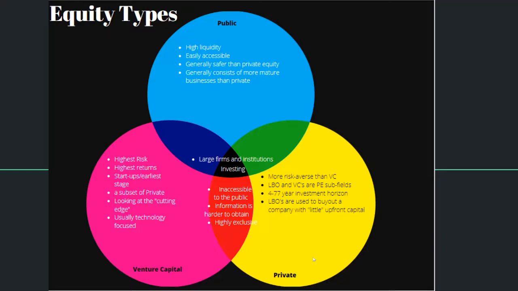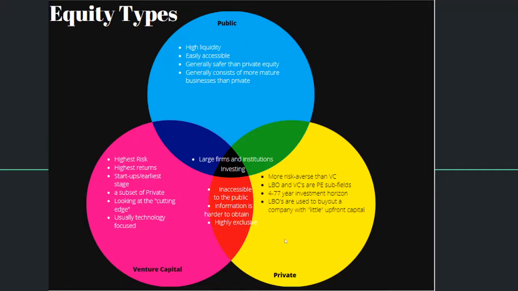There are a lot more sizable institutions that work in private equity. But I put the large firms and institutions and investing in the center because there are large venture capital firms and there are large private and public firms. You may be familiar with some of them. You think Vanguard, you think SPDR, you think ARK, which invest in the public and private sectors.